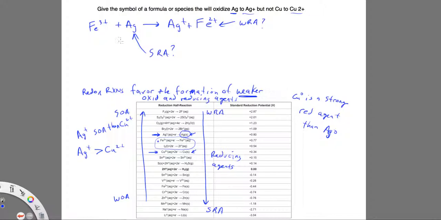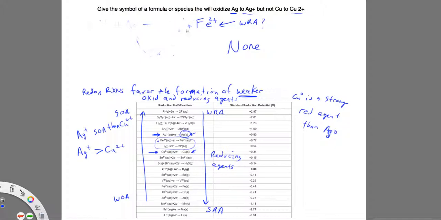What that means is there is no substance, no species. There's not any species that will oxidize silver to Ag plus but not copper to copper 2. Now we could reverse this, and let's take a look at that. Let's reverse this whole thing.